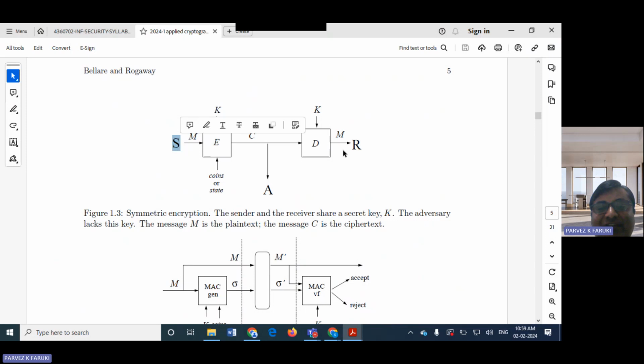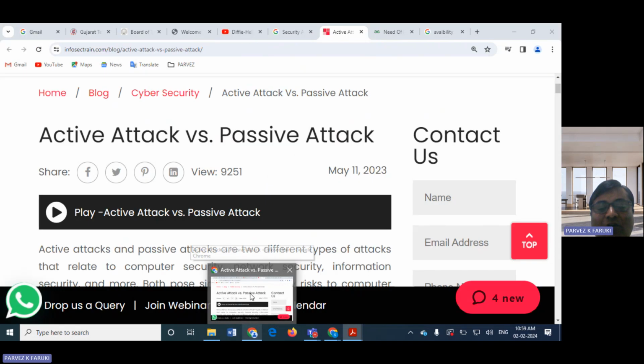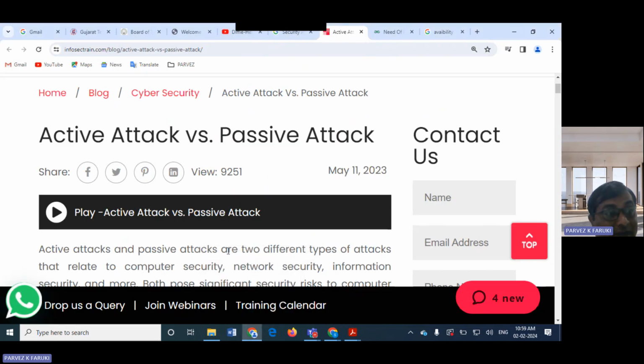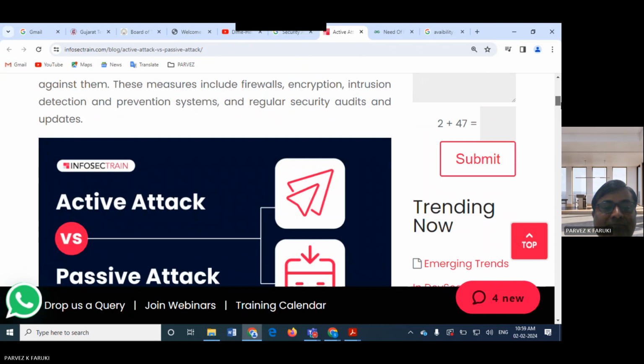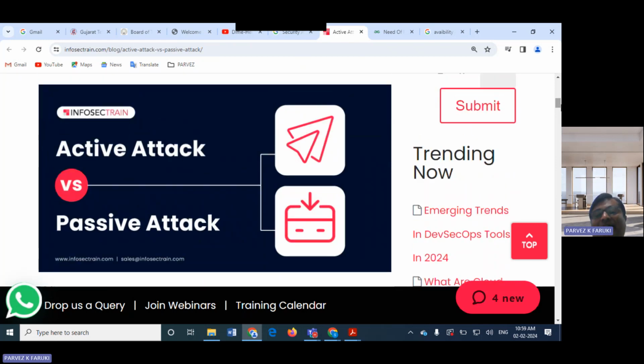So you have multiple Alices, one Bob, and you have multiple Eves. So who attacks? An attacker attacks, an adversary attacks. So how does Eve attack? There are two types of attacks that have been classified in information security. Information security classifies the attack types as two: active and passive.